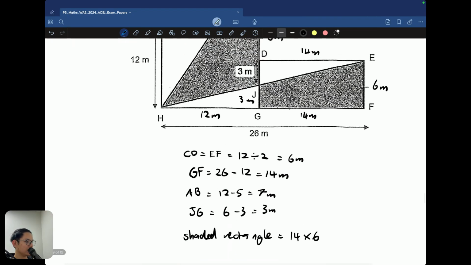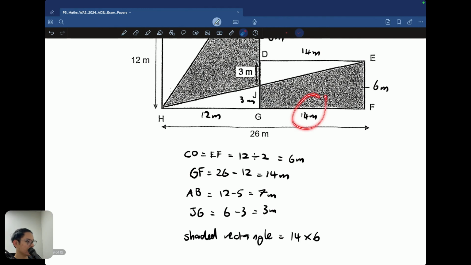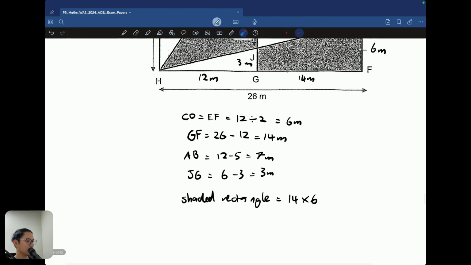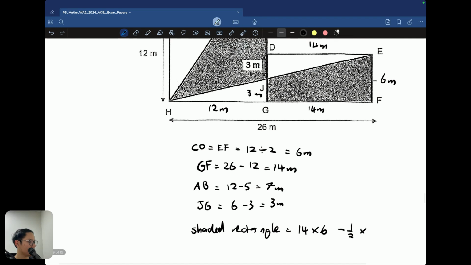That's what we see over here. So 14 times 6, minus the triangle. So 14 meters times 3 meters times half, right? So minus half times, in this case, 3 times 14.